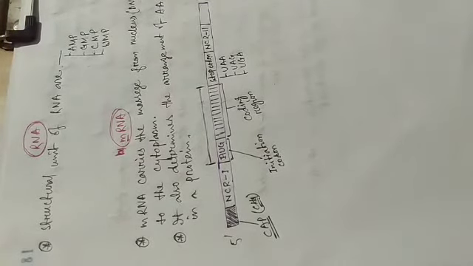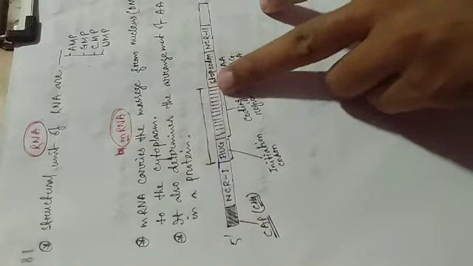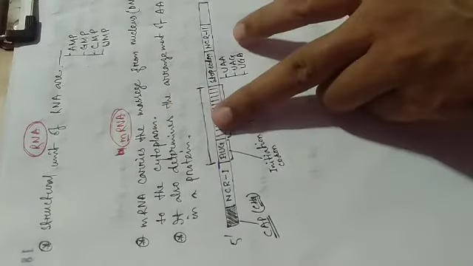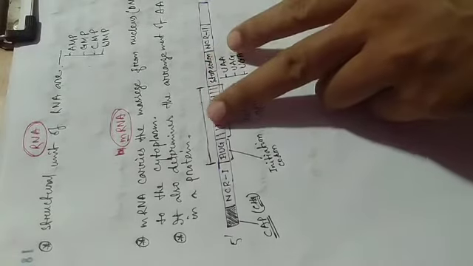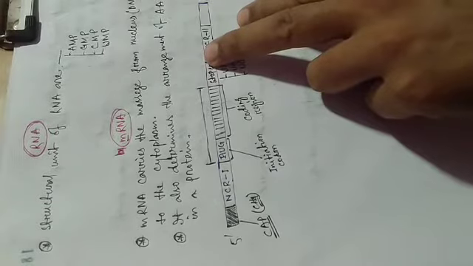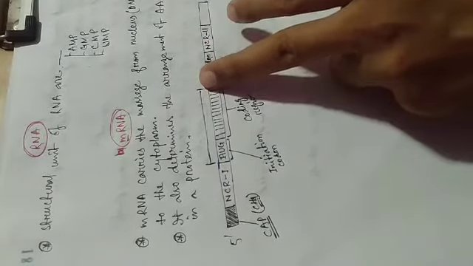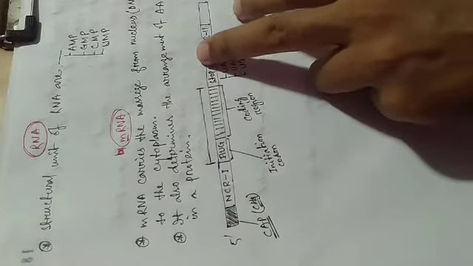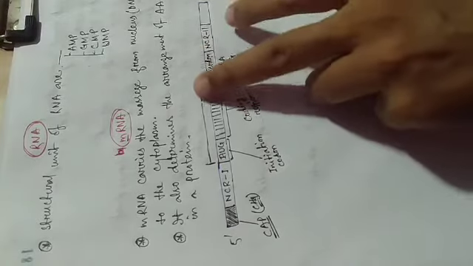What is its function? If protein synthesis does not stop at the stop codon, the ribosome moves forward.